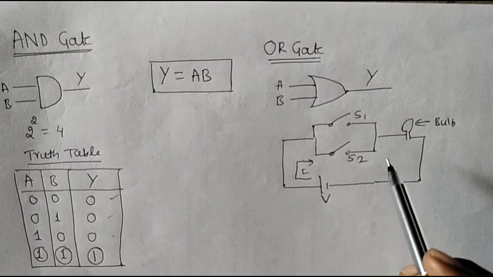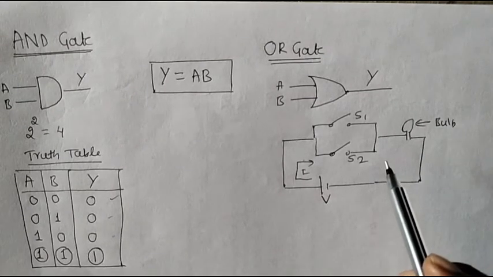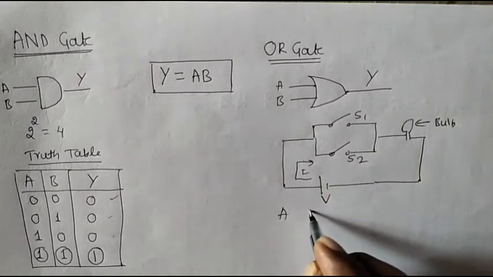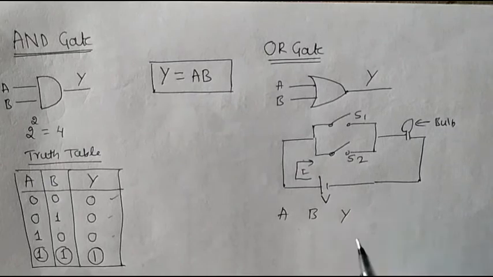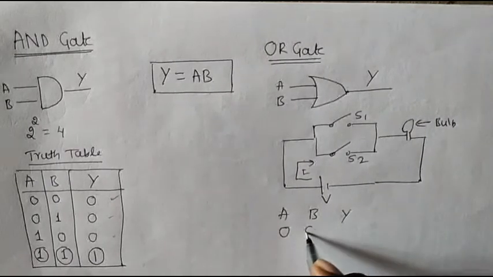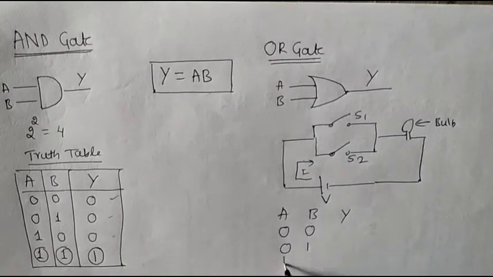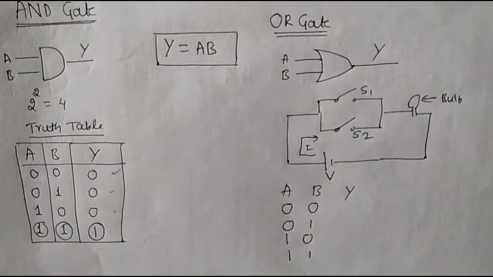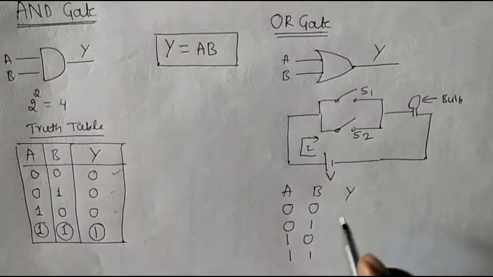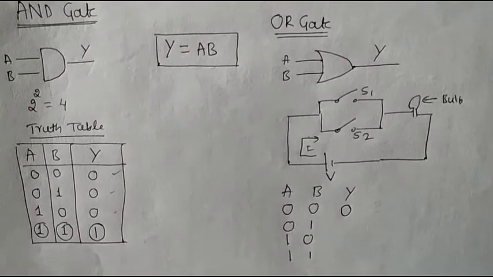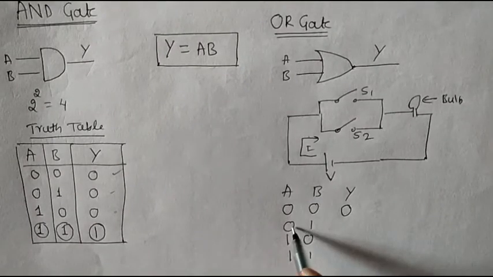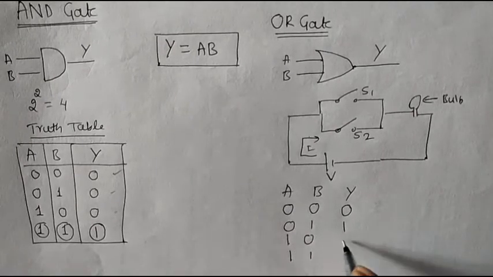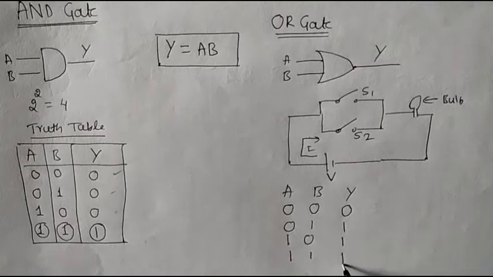Now let us write in the same way, we'll write the truth table for OR gate. A and B are the inputs, Y is the output. Possible inputs are 0 0, 0 1, 1 0 and 1 1. When both are 0 0, output is 0. When A is 0, B is 1, it is 1. Here it is 1. When both are 1 1, output is 1.